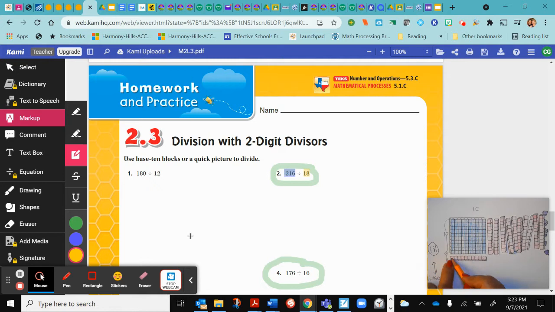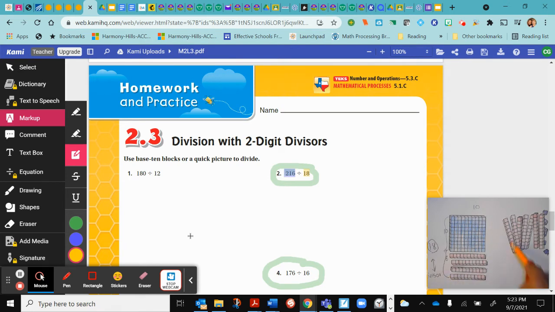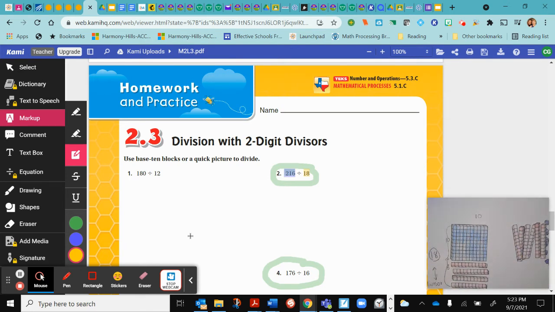So this is 11, and I'm going to move this one over. This makes it 12. Move this one over. 13, 14, 15, 16, 17, and 18.